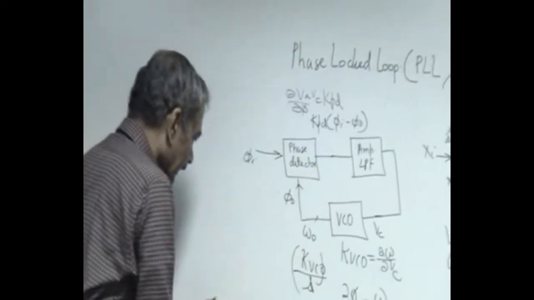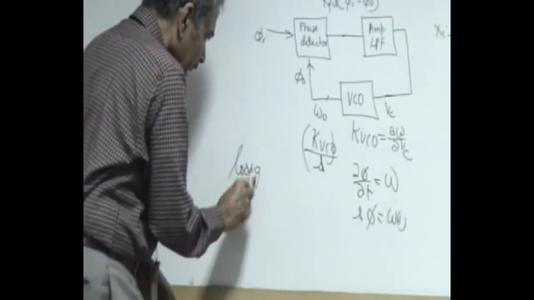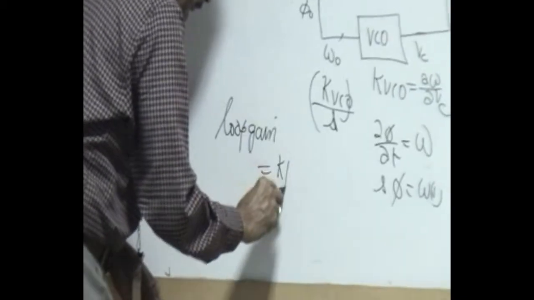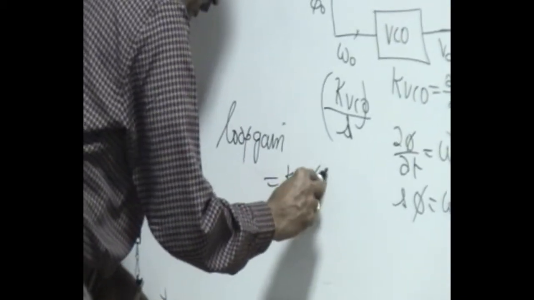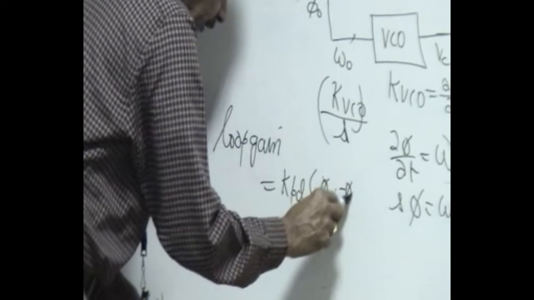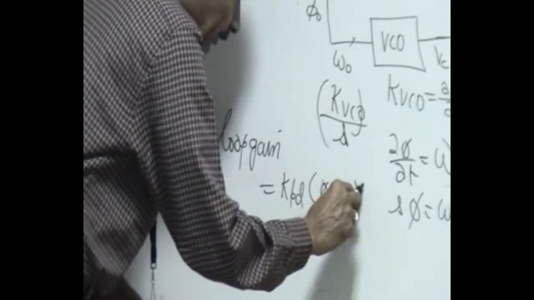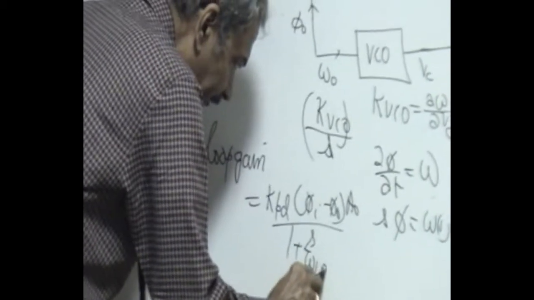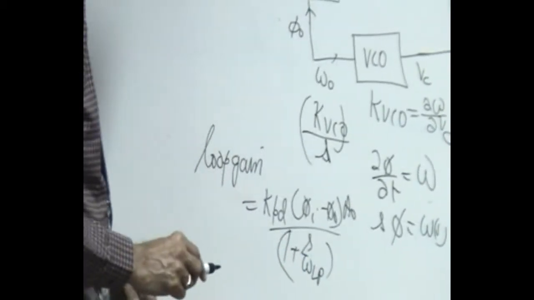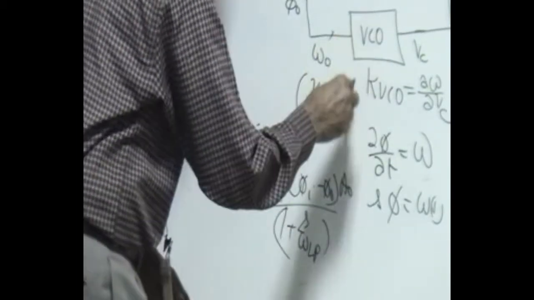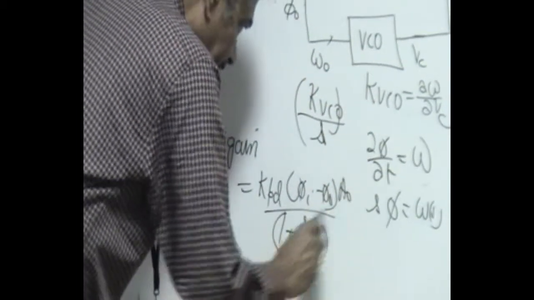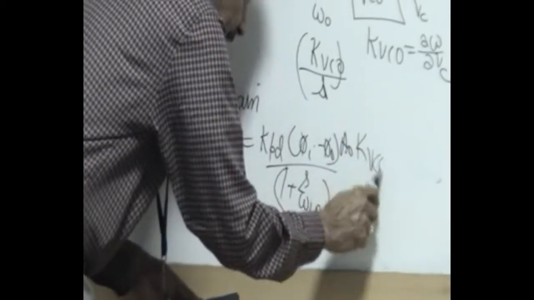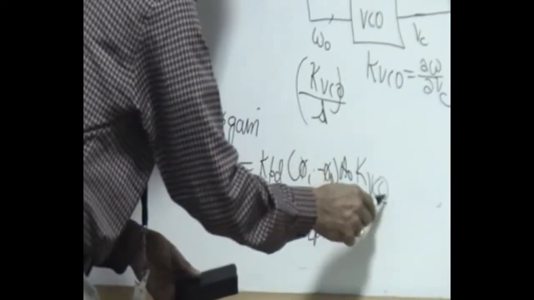So the overall loop gain is going to be kpd into (phi I minus phi naught), into A naught by 1 plus S by omega LP, assuming that the low pass filter is averaging it this way. And then we have the VCO sensitivity coming into the picture, kVCO, so it has been converted to frequency.